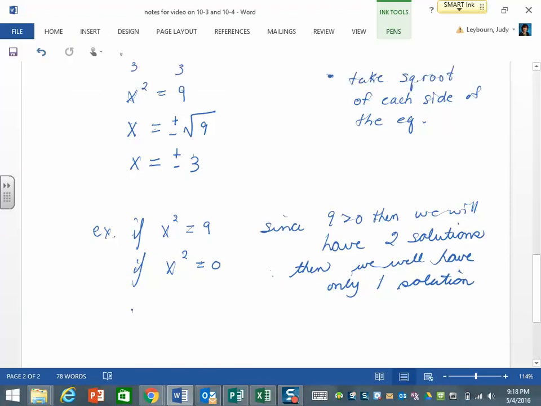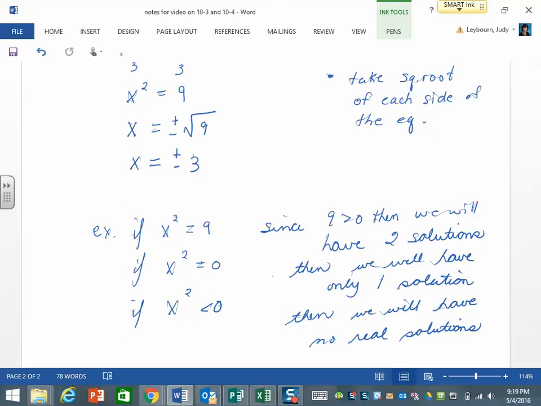And if we have x squared less than 0, then we will have no real solutions. So if you look back on what we did in the last section, in those notes we were looking at the graph and where the graph would be located so that we would have no real solutions or no x-intercepts, and it was situated so it's never going to cross the x-axis.